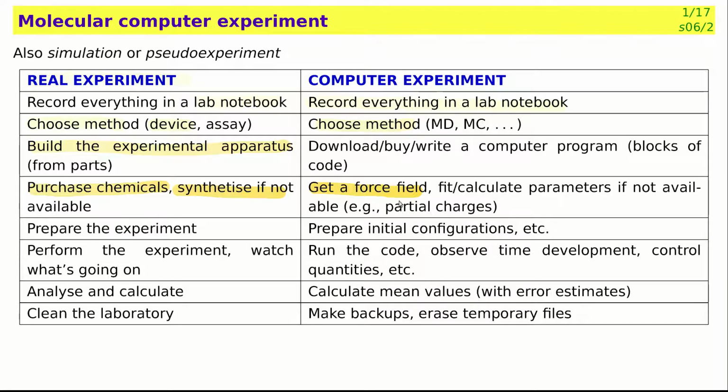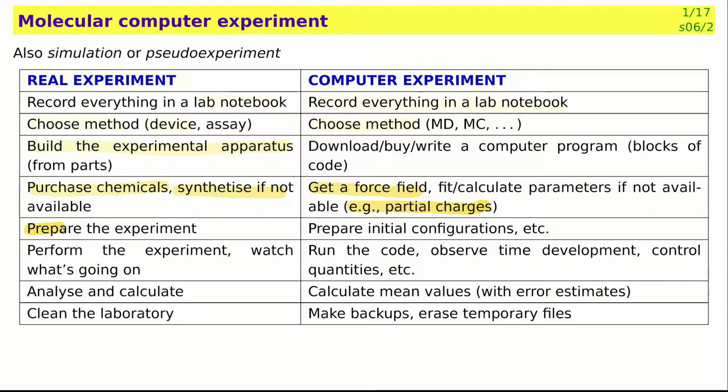Particularly, what is often missing are partial charges. That is, you take the skeleton of a molecule, that is bond length, and also Lennard-Jones parameters, angles, and so on. But then you take a quantum chemistry code, like Gaussian or something like that, and calculate partial charges.